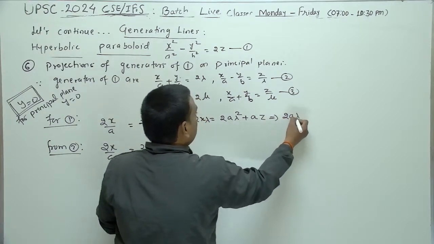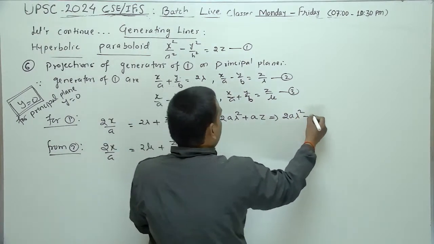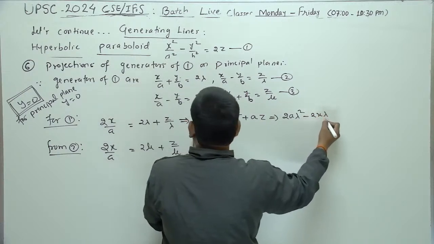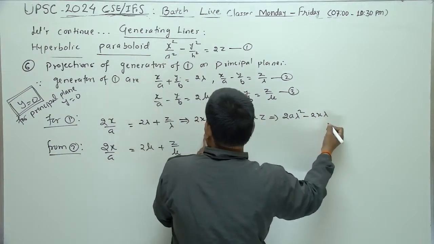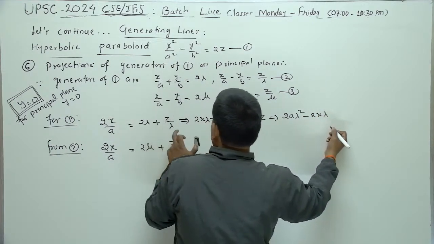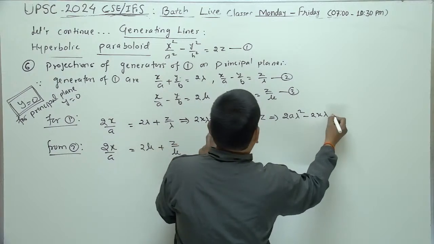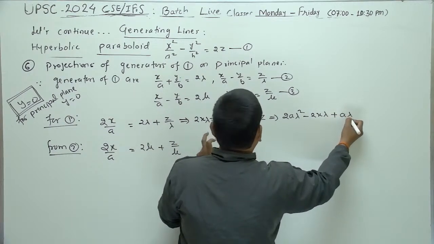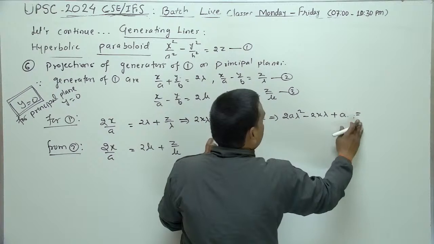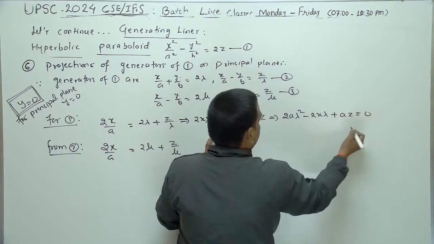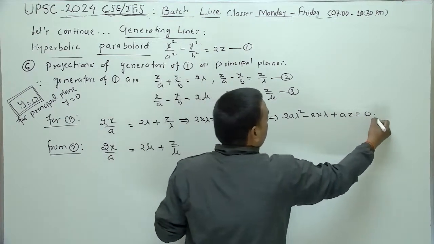So this is 2a lambda square minus 2x into lambda, and from here plus az equals 0, right?